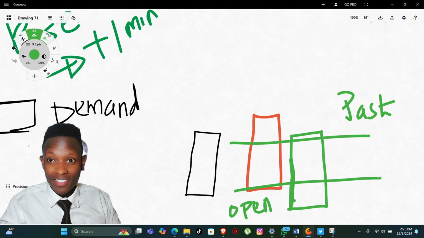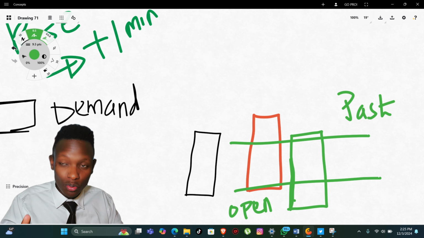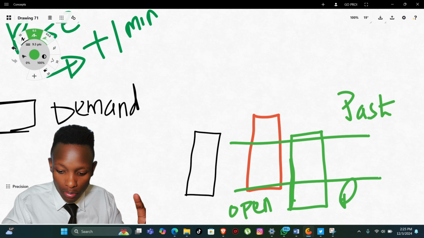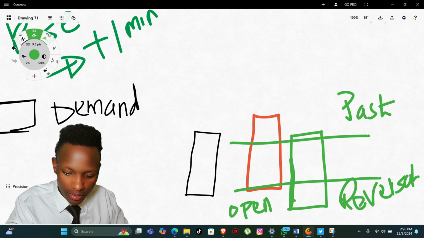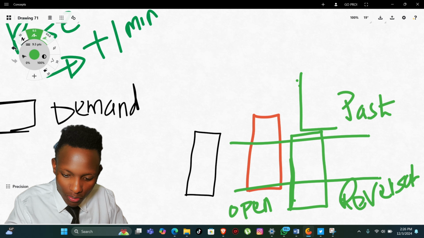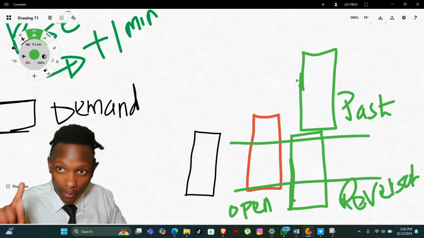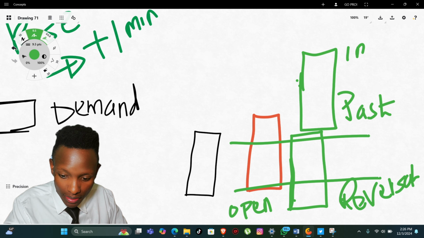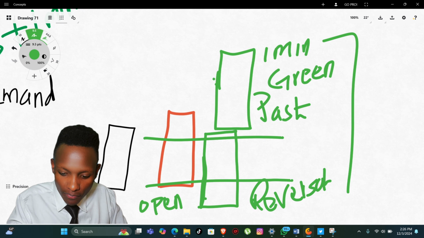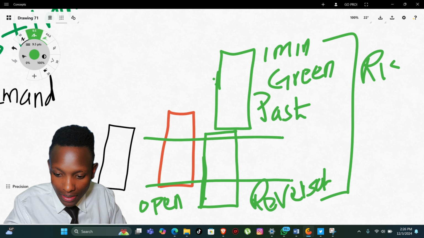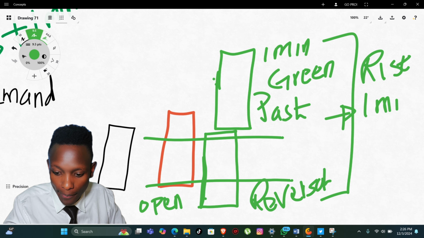So what does this tell us? That the next candlestick that is going to form, since this is a reversal pattern, will be a green candlestick. So the next candlestick that is going to form here within the next 1 minute will be a green candle, and then we should be looking forward to trading rise market, and the time that we're going to use is 1 minute.